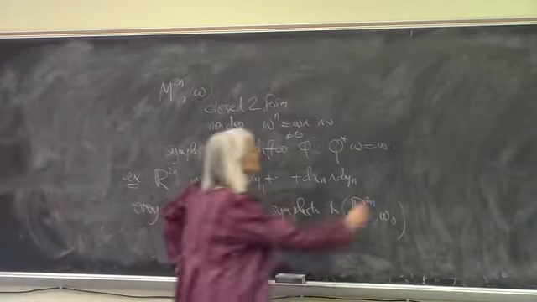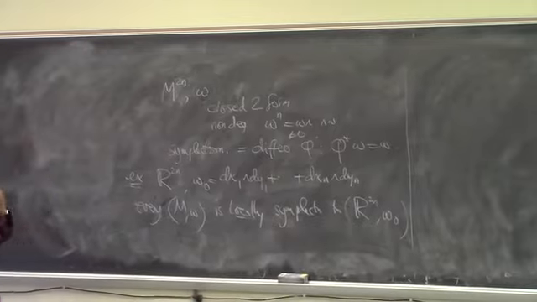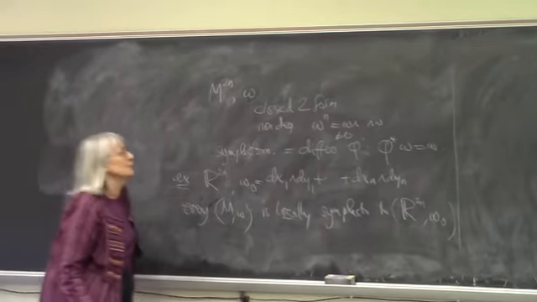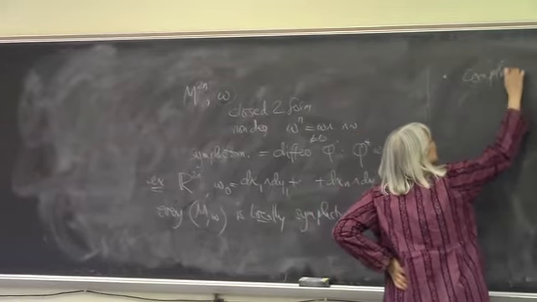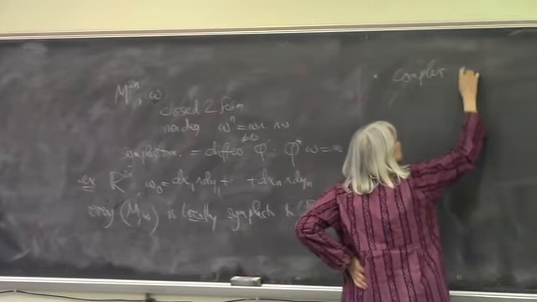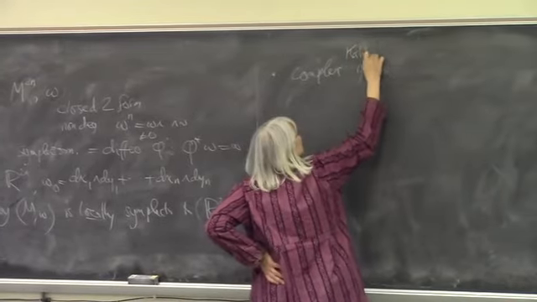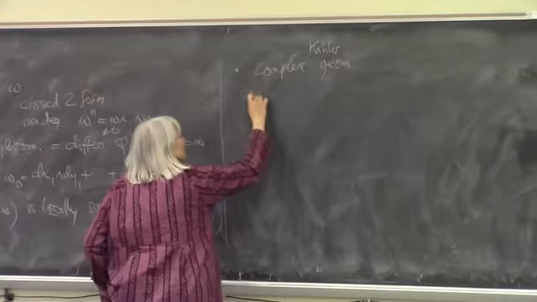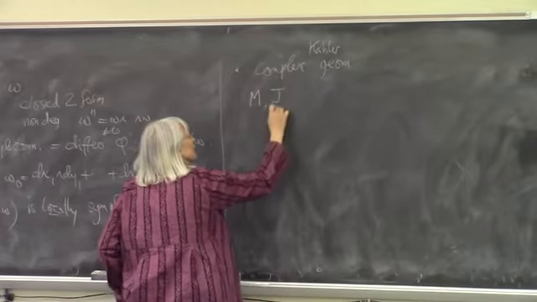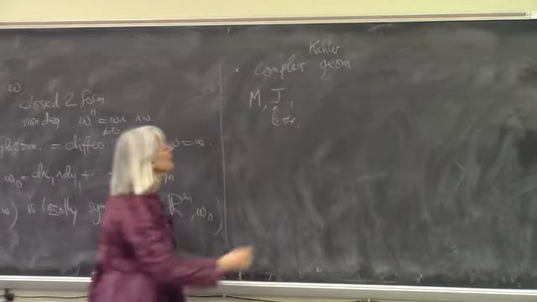Now, I find symplectic geometry very interesting, partly because it's connected to complex geometry, and it's also connected to dynamics. The connection with complex or Kahler geometry is that a Kahler manifold is a manifold with a complex structure, and it's also got a Riemannian metric on it.